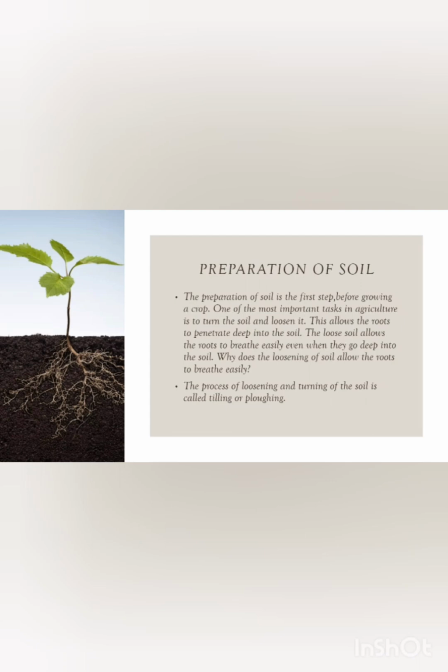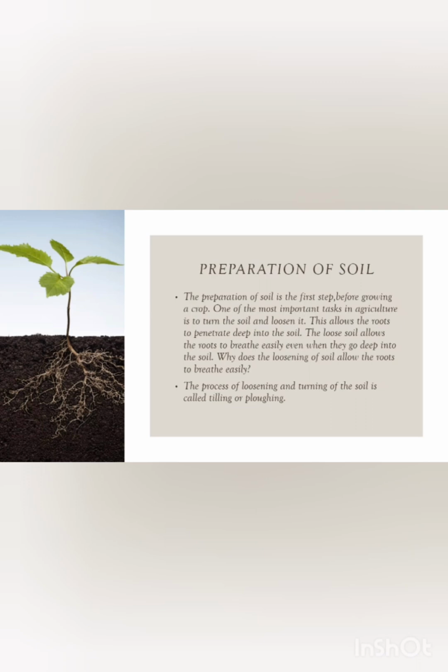Because we have to sow the plant deep, and while it goes deep, the root must breathe easily. Because of that, we loosen the soil and allow the root to go deep into the soil.